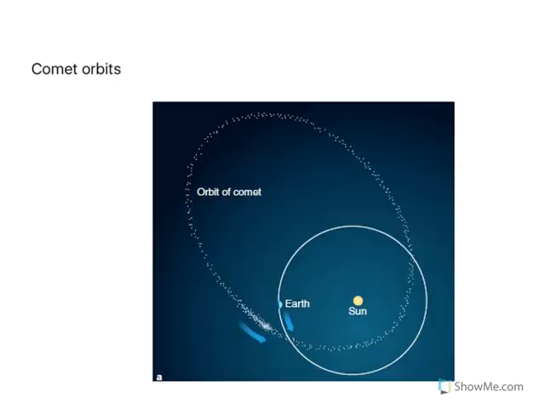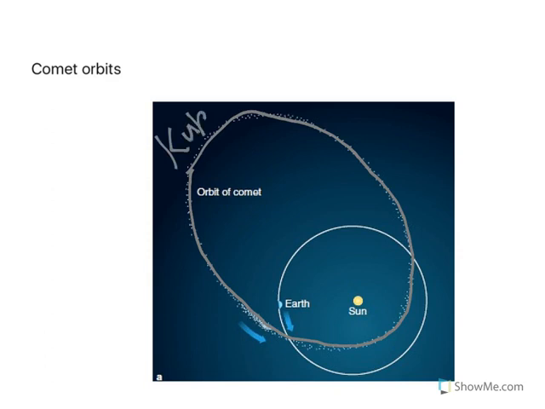Now what happens to all that dust that's left behind as the comet orbits the sun? Well, that dust that gets left behind traces out the orbit of the comet, as shown. So in this particular diagram from your textbook, we're not going to focus on the tails or the coma. We're just going to be focusing on the orbit, which they've already indicated is in the counterclockwise direction around the sun.